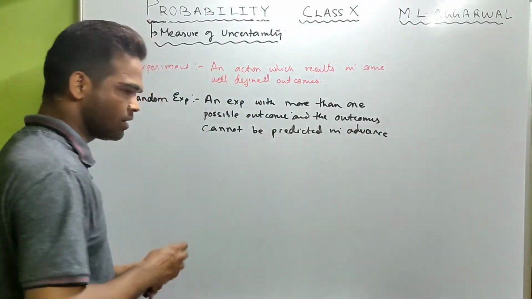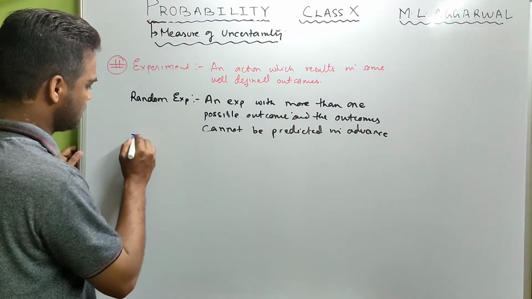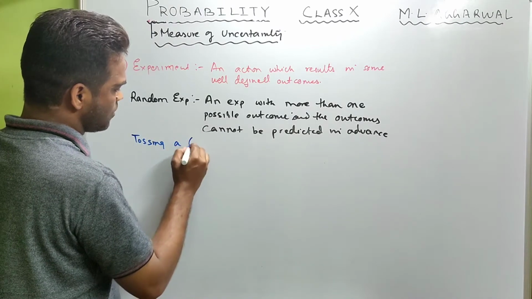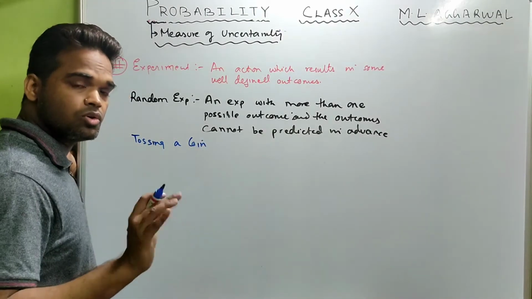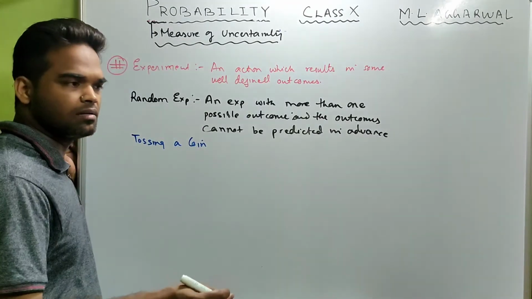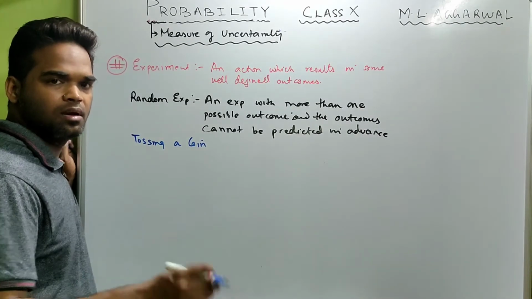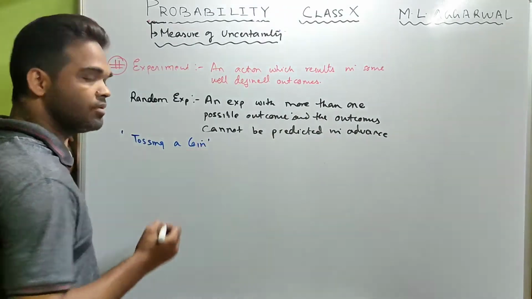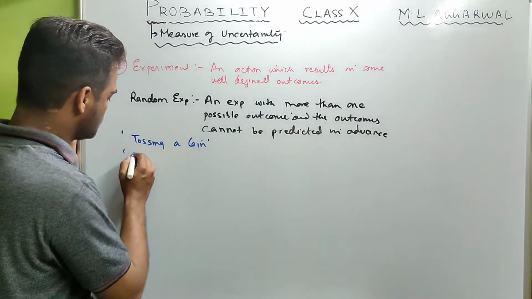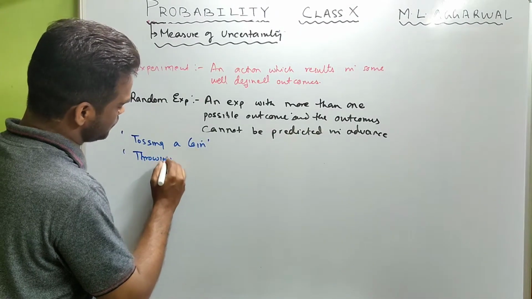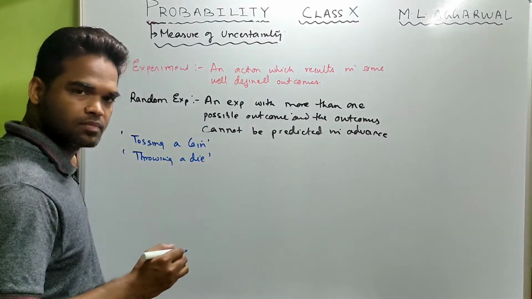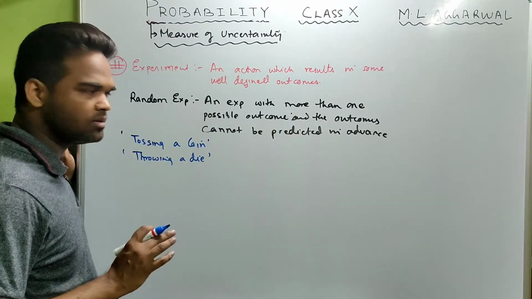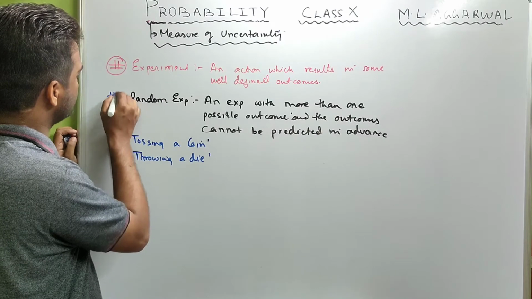For example, when you toss a coin, that's a random experiment. You don't know the outcome. You can assume that maybe it can come head or tail, but 100% surely you cannot say that head will come. So that's a random experiment. Again, suppose throwing a die or picking a card from a deck of 52 playing cards. These are all random experiments.